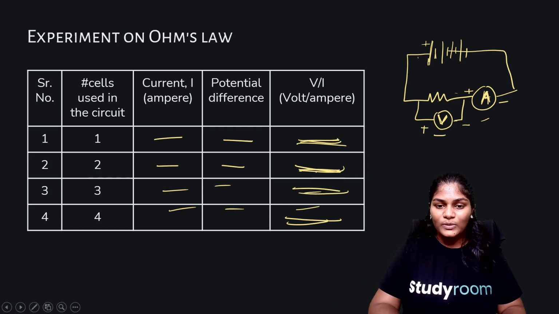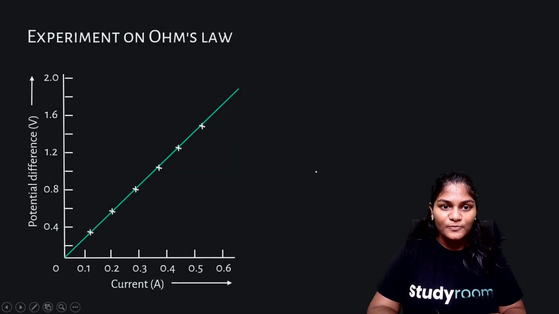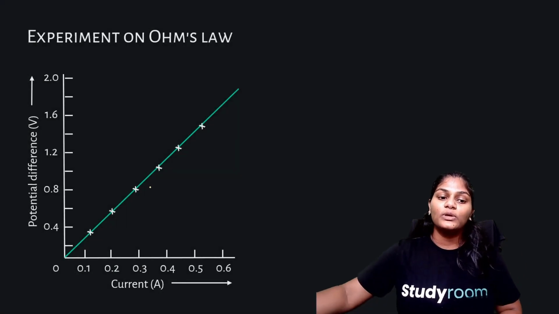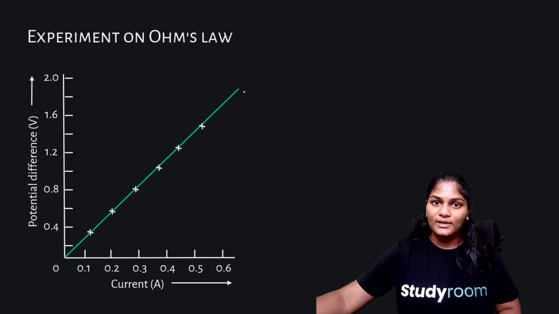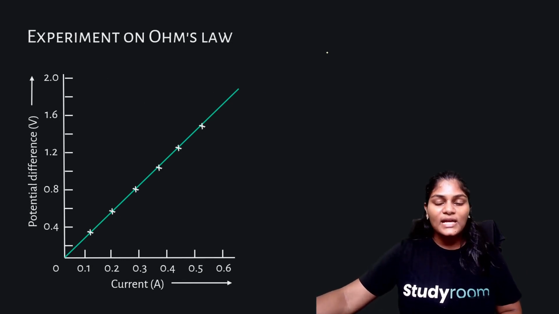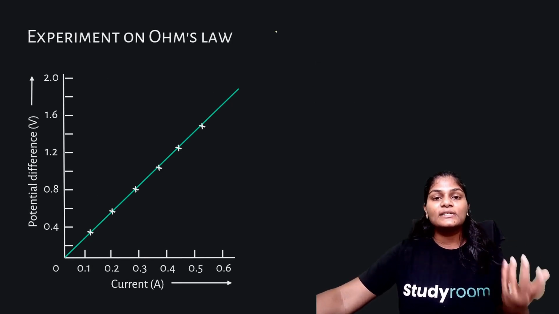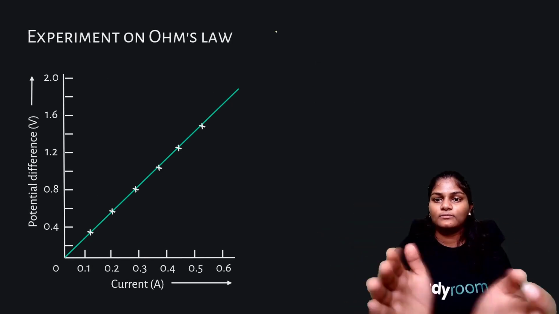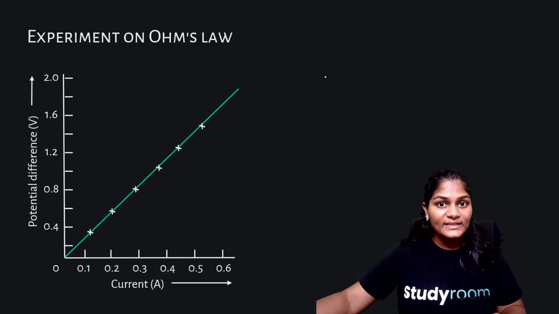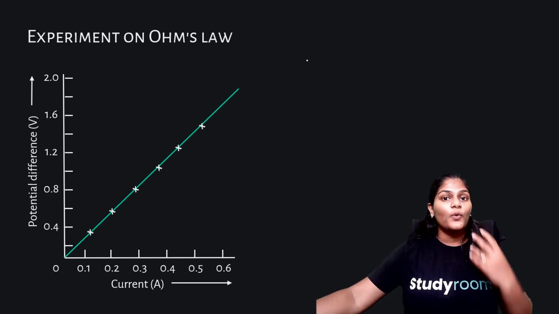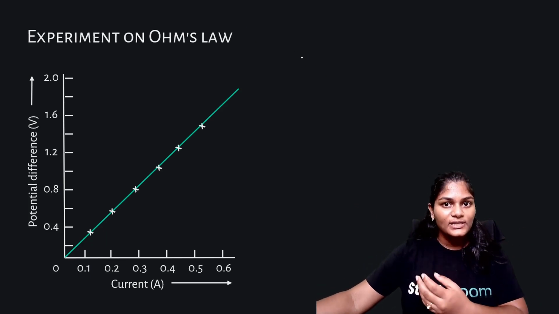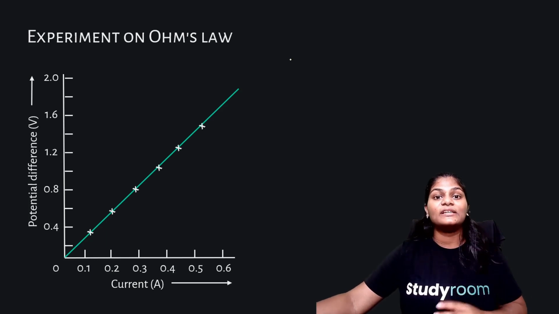So, what will happen when you plot a graph between V and I? You will get a straight line, right? Why does this happen? A scientist discovered that the voltage and the current in a circuit are basically proportional.